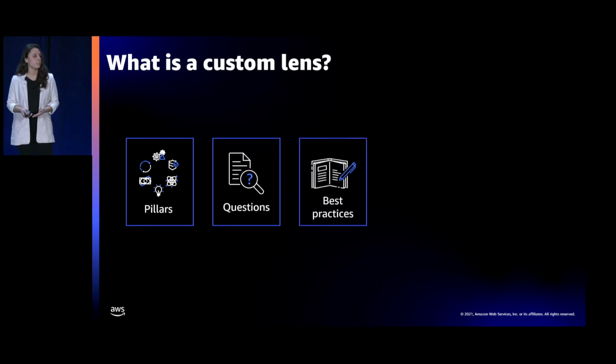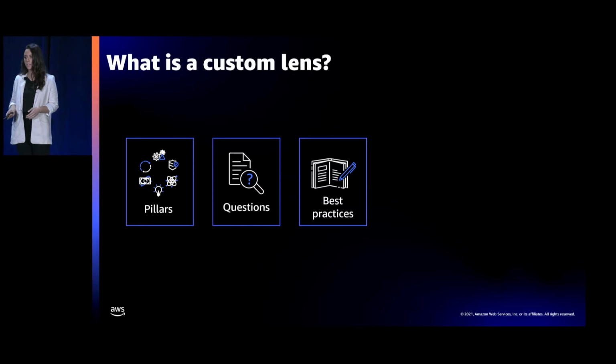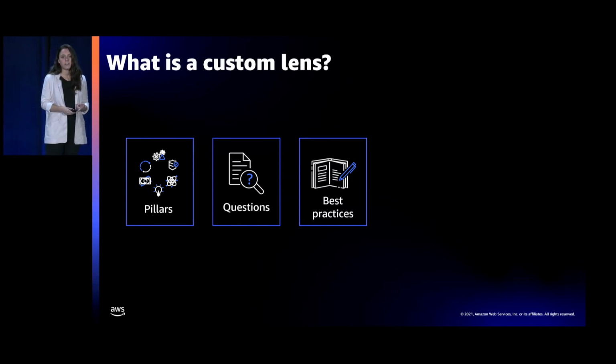Then within those questions, you can choose which best practices make that question true. So for example, let's go ahead with our finance example. Our question was, what financial approvals did you receive before launching? A couple examples of best practices could be seeking approval from the finance department, seeking approval from the cost optimization team.